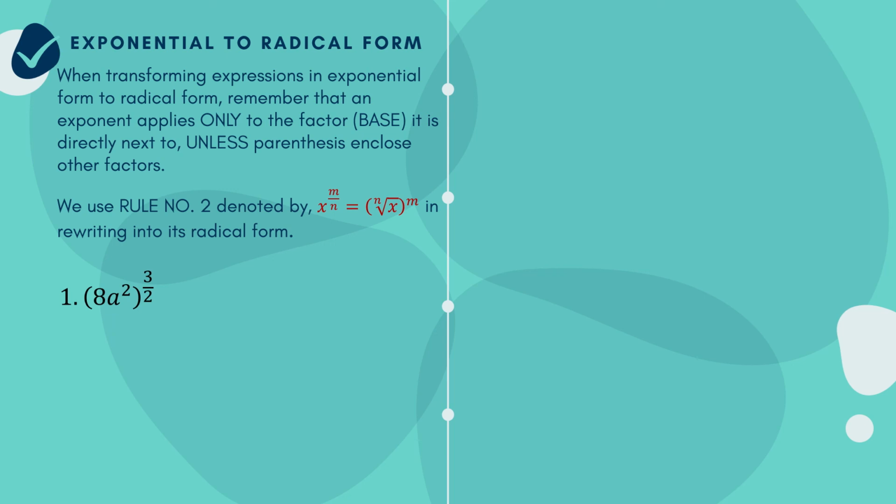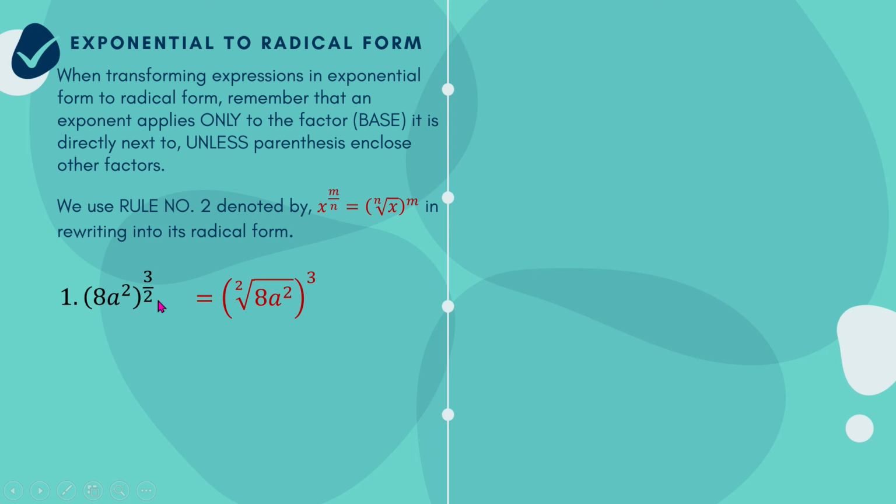Example number 1. The base inside the parentheses is 8a square, so it is a monomial, raised to exponent 3/2. The base is the monomial 8a square, which we cannot separate, so we write it inside the radical symbol, automatically in parentheses.